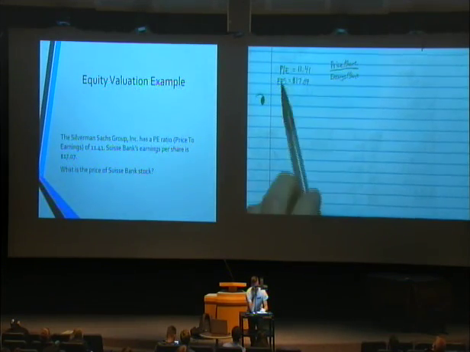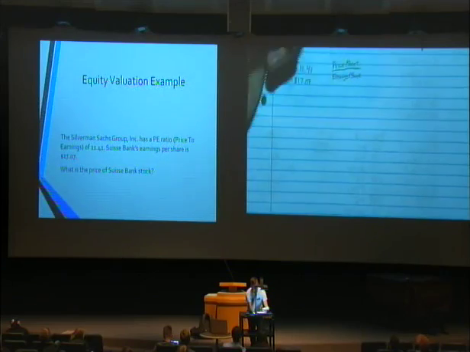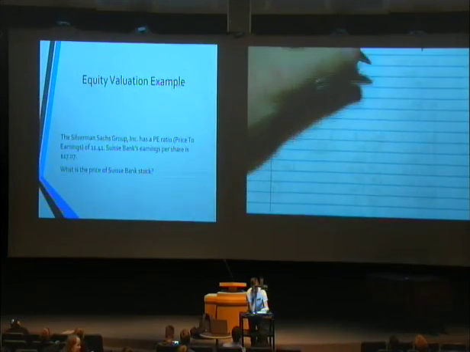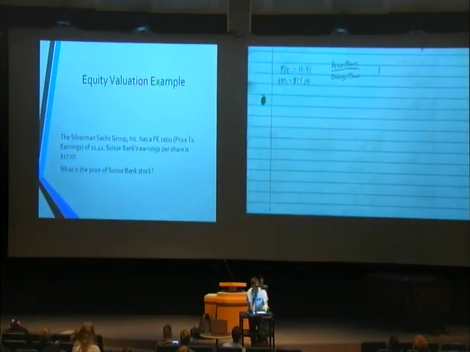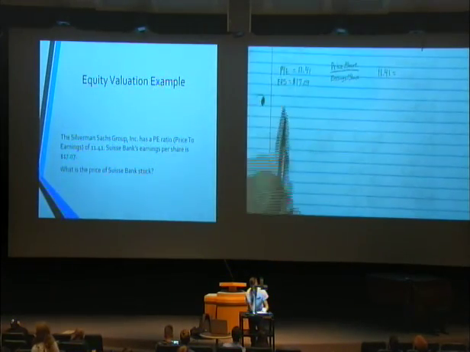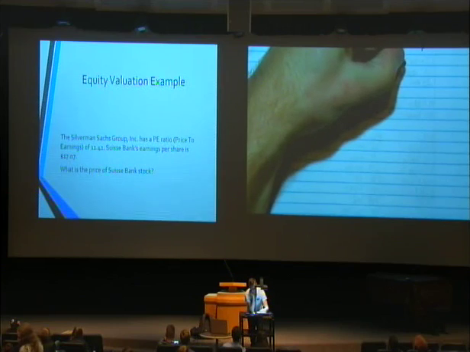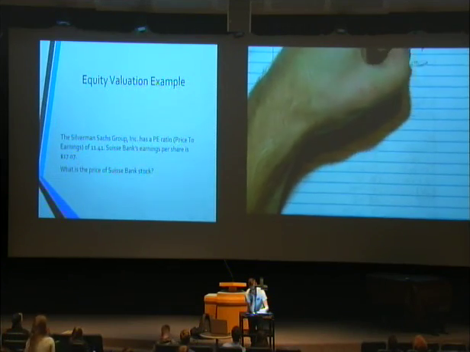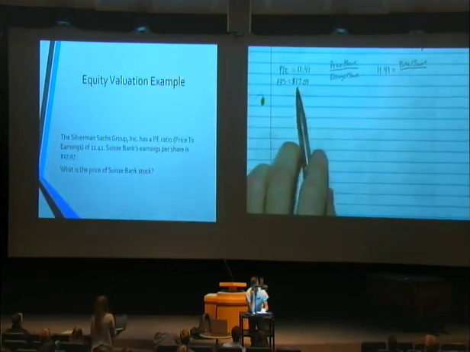Okay, so if we're given earnings per share, we know the price to earnings ratio is 11.41, and that's going to equal price per share divided by our earnings per share, and we know that is 17.07.